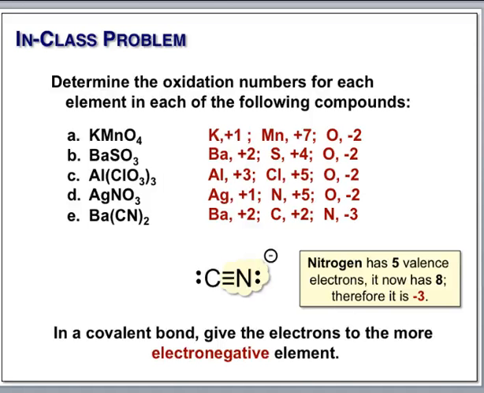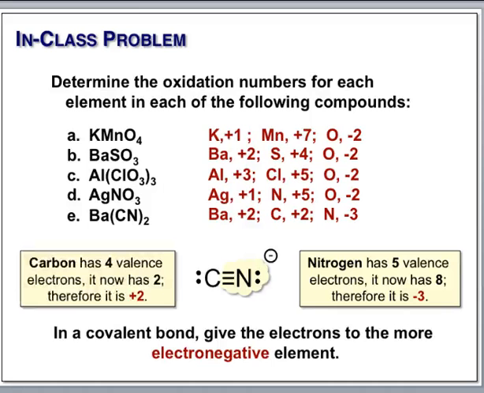Now that's 3 more than it has sitting here in the periodic table, which means it is -3. Carbon is group 4. All it's got here is 2. So it's missing 2 electrons. And that makes it +2.